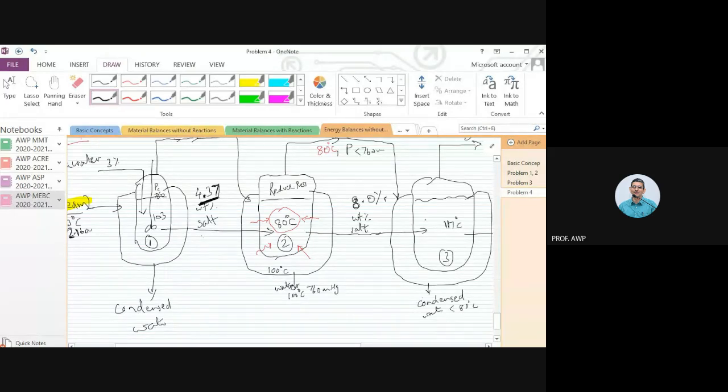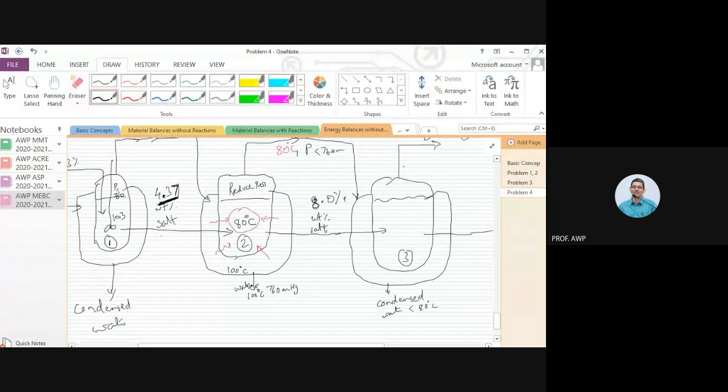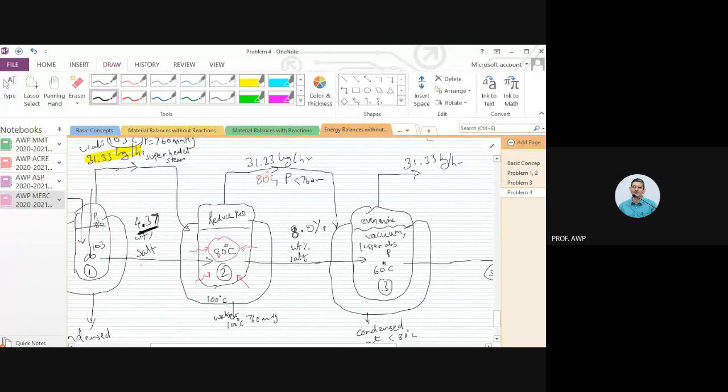That means I have to operate this third evaporator at even more reduced pressure, or lesser absolute pressure, so that this will have a boiling point, considering the boiling point elevation to be maybe 16 or 20 degrees centigrade, less than 80 degrees centigrade, isn't it? So this will be at even lower pressure.